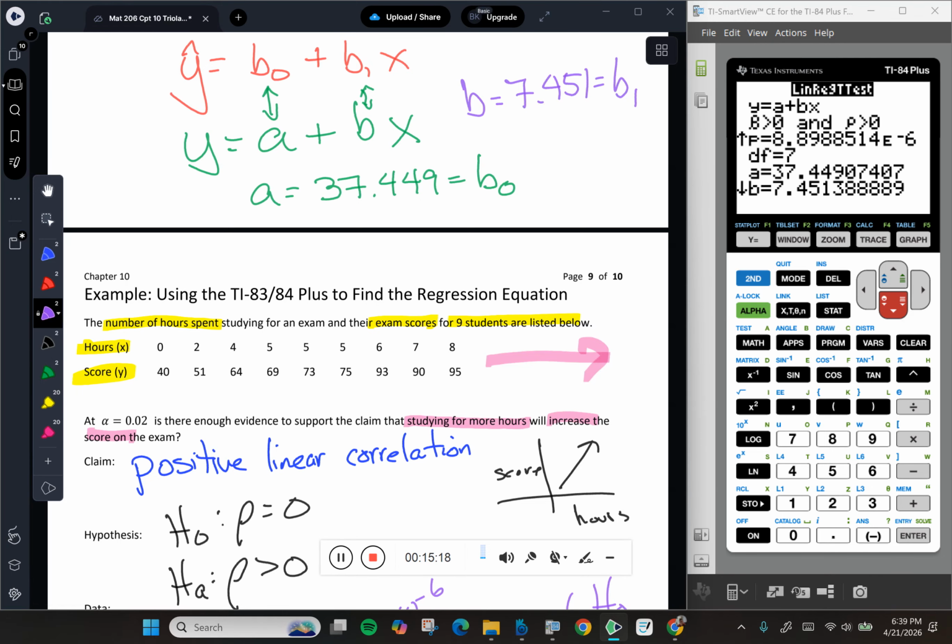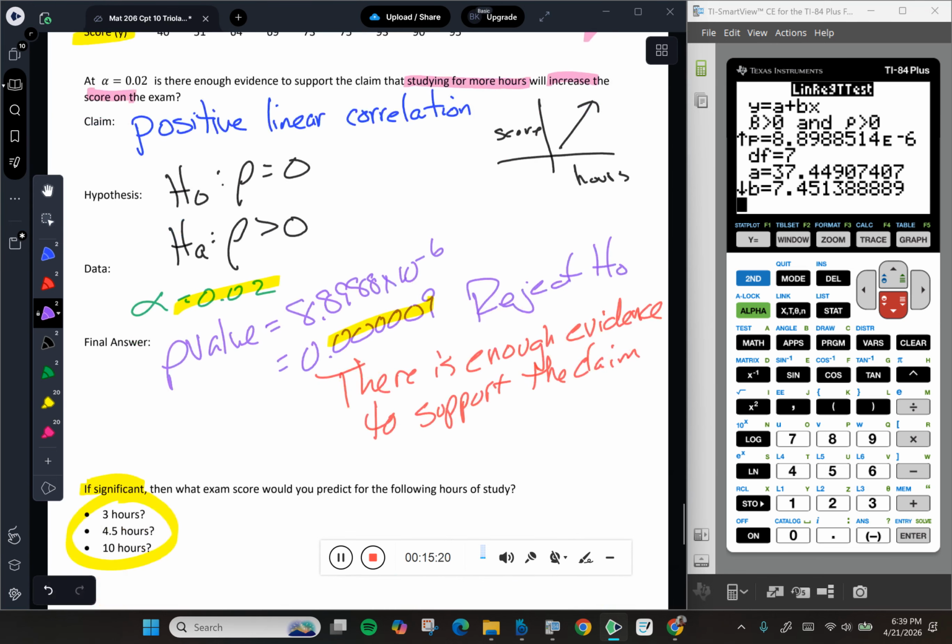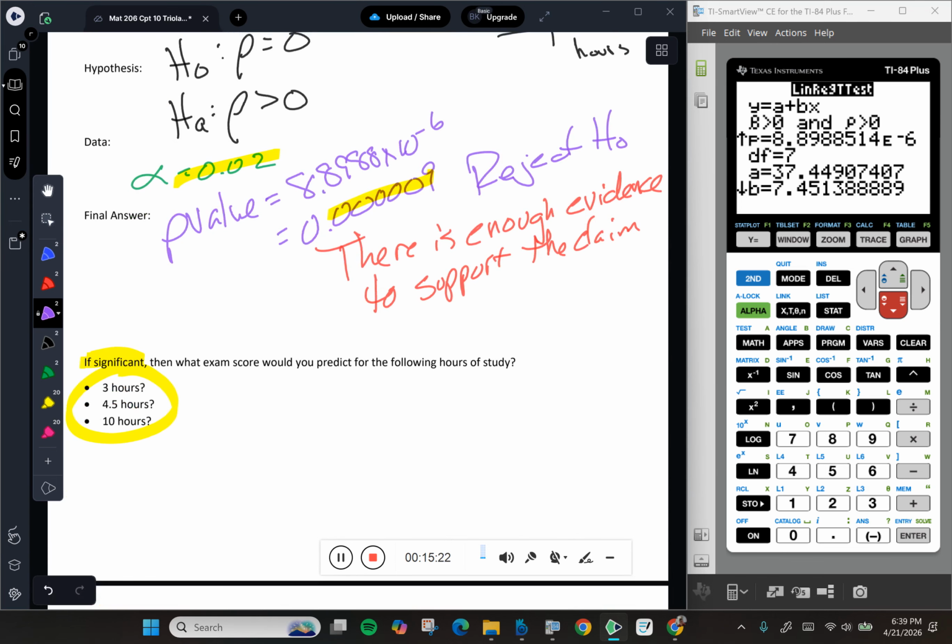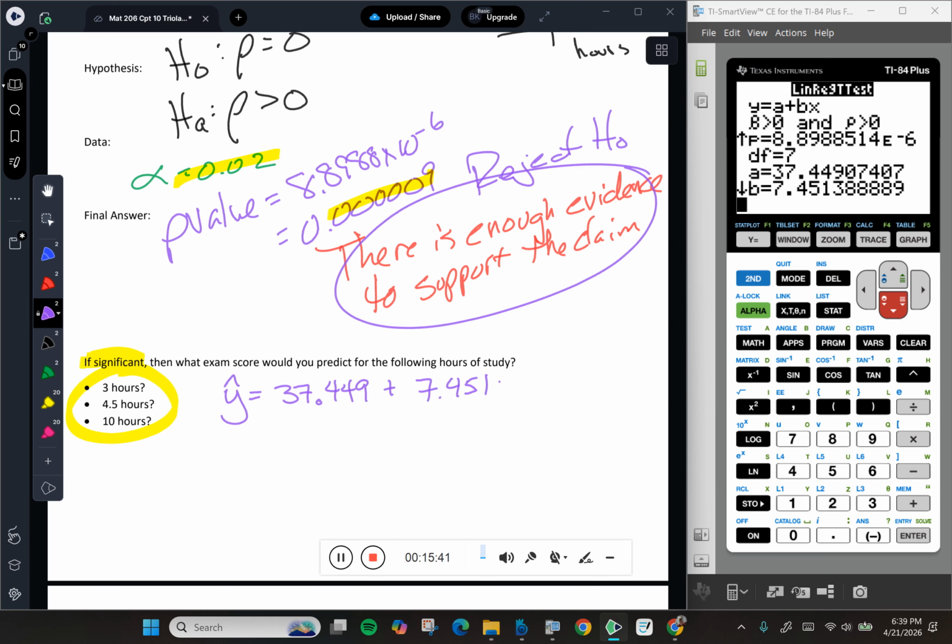So my regression equation, when I put it all together, my regression equation that has been shown to be statistically significant is going to be y hat equals 37.449 plus 7.451x, where y hat is going to be the predicted score and x is going to be the number of hours that they study.